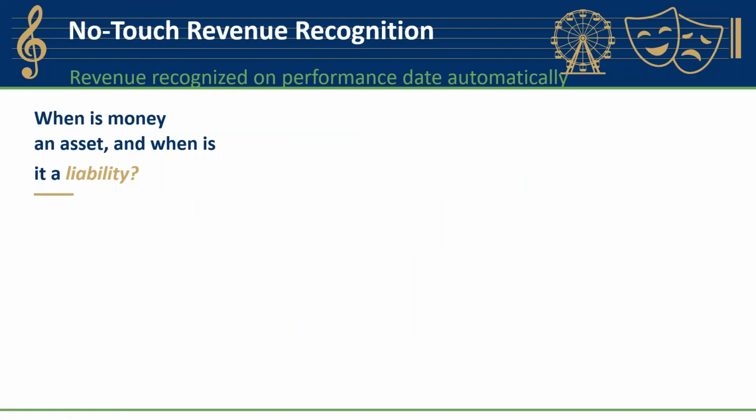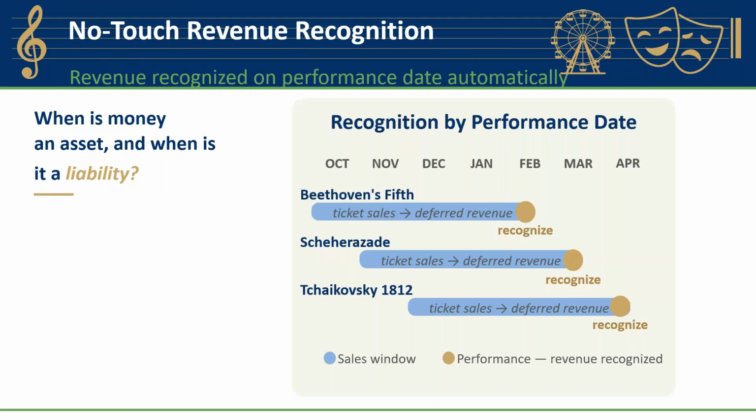One of the nuances that's peculiar to organizations like yours is revenue recognition. So here's what that looks like. We've got 3 performances coming out between now and the end of the season: Beethoven's Fifth, Scheherazade, and Tchaikovsky's 1812.